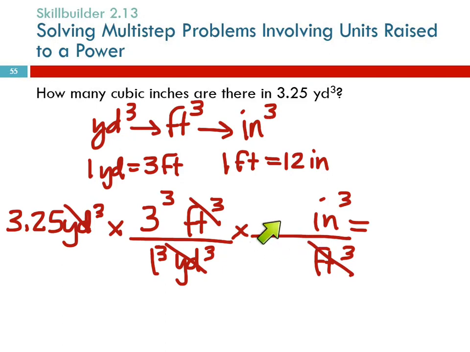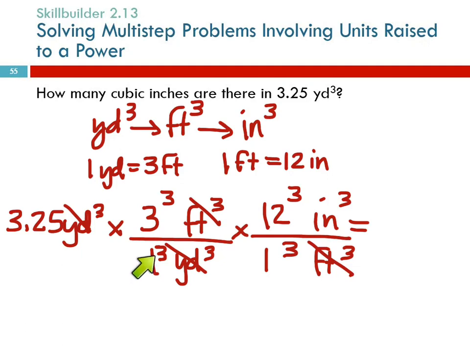Over here, 12 inches is 1 foot, so for cubic inches, it needs to be 12 cubed inches cubed per 1 cubed feet cubed. So this is the write-everything-out, follow-all-the-directions, don't-take-any-shortcuts method.